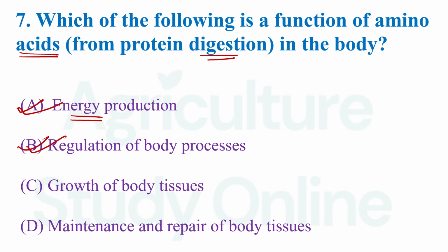Growth of body tissues. It is essential for building the new tissues, and maintenance and repair of the body tissues. So it helps in repairing the damaged tissue. In simple words, amino acids help in growth, repair, regulation, and even energy. So all are the functions.